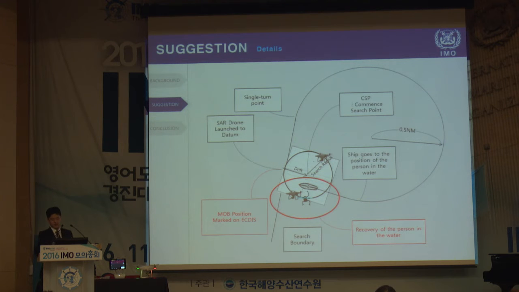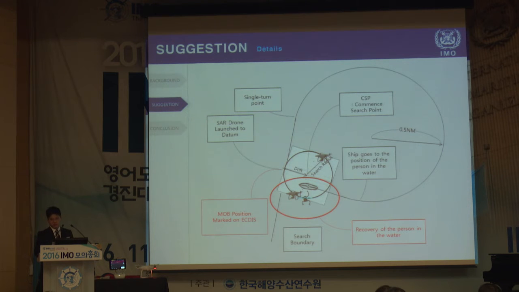This animation is showing us the full procedure of the search and rescue operation by drones. The most important thing that should be done by search and rescue drones is to locate the person by thermographic camera.